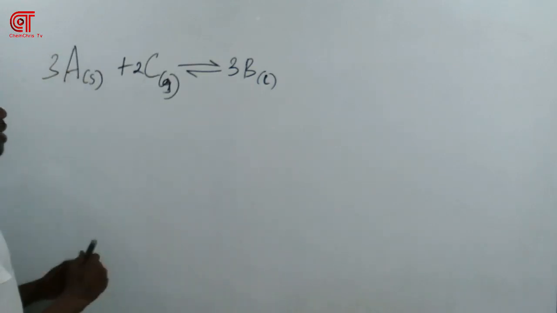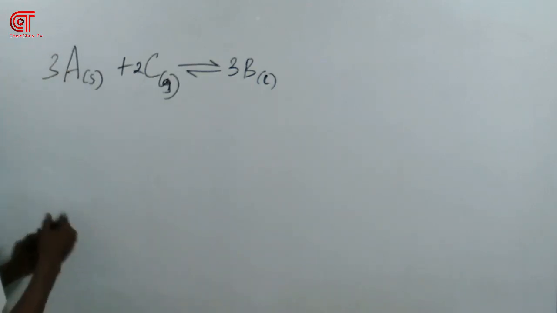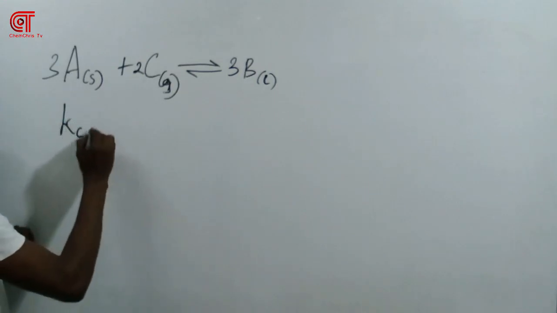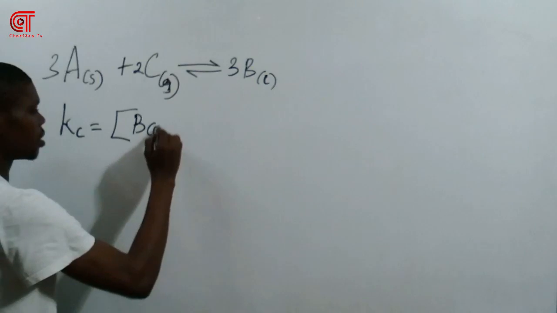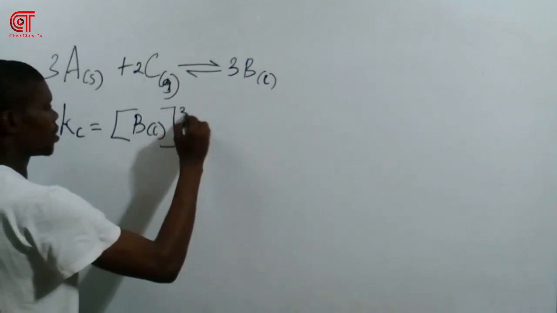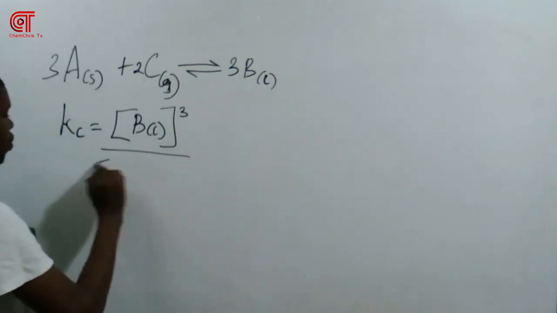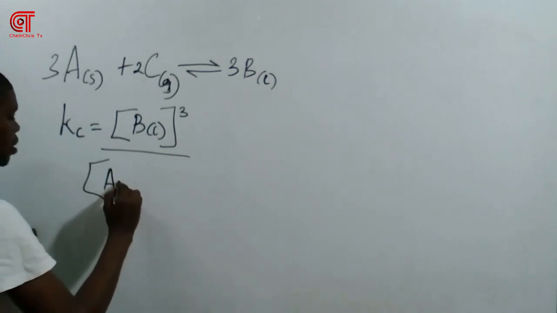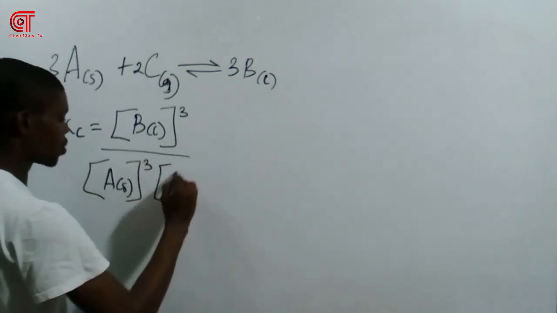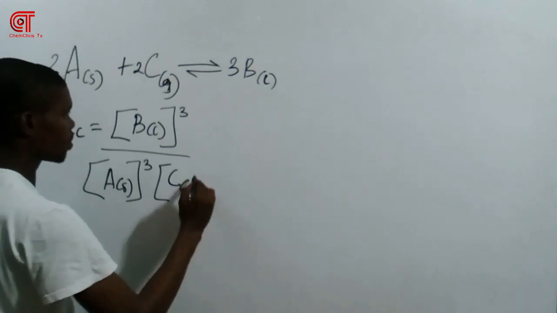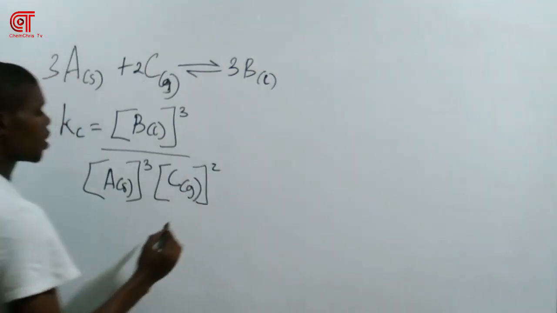Now, normally, if you want to write the Kc expression for this reaction, Kc equals the concentration of the B liquid raised to 2, over the concentration of A solid raised to 3, then the concentration of C raised to 2.